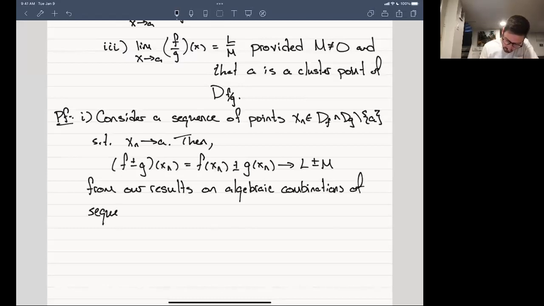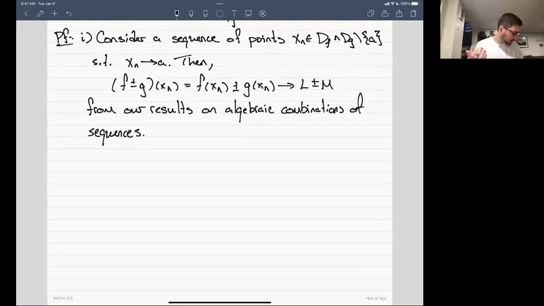So again, we know that convergent sequences, if you add them together, you get the limits added together, and so on and so forth. And so this is really just a consequence of the fact that we can now pose these things in terms of sequences.